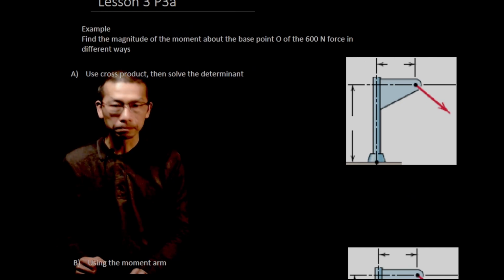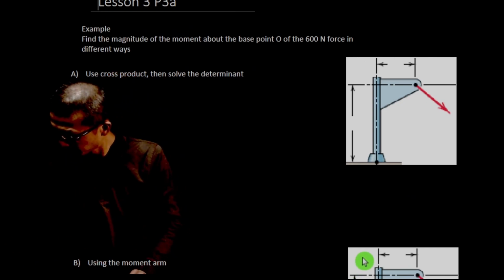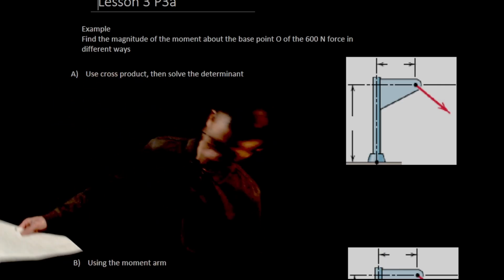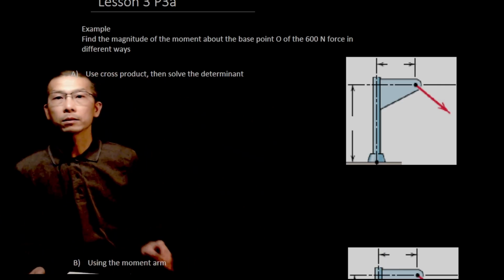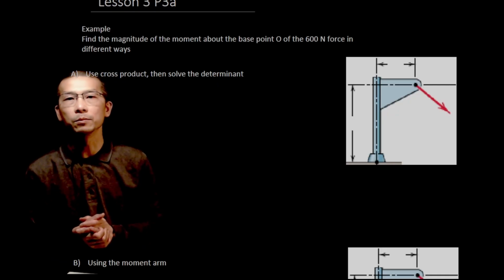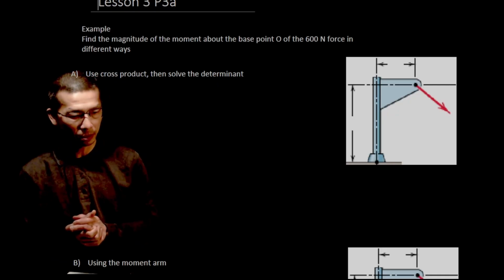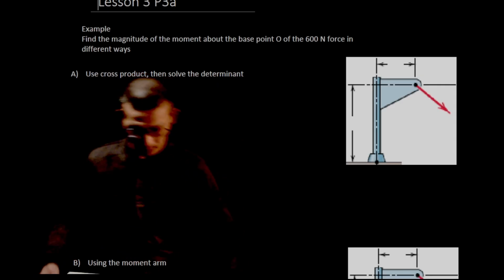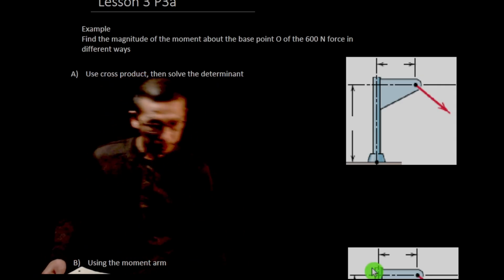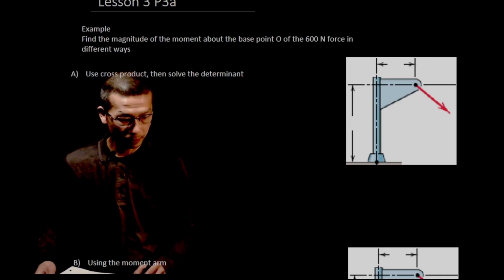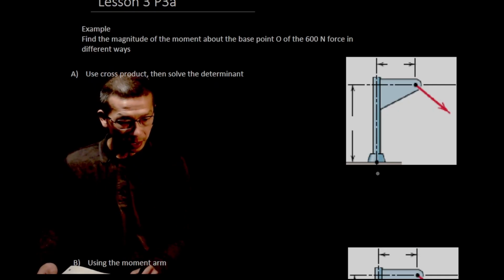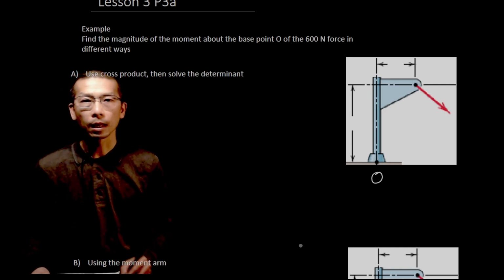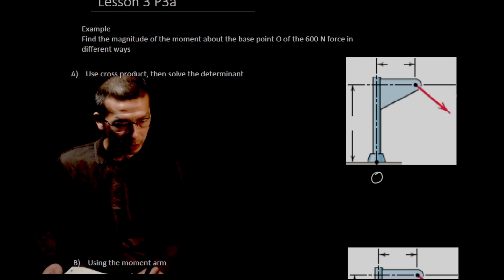All right. Let's do this example. It says find the magnitude of the moment about a base point. Base point O, let's write it out, where O is. So here is point O, and 600 newtons.